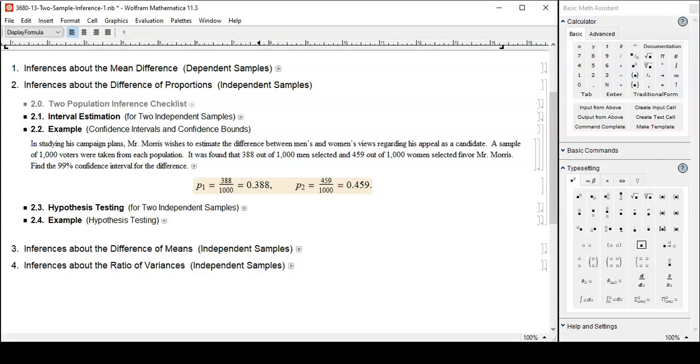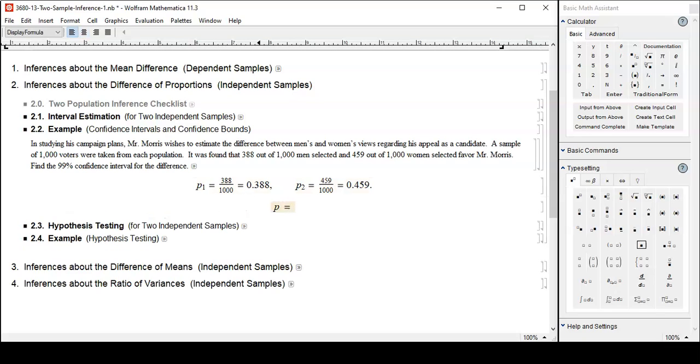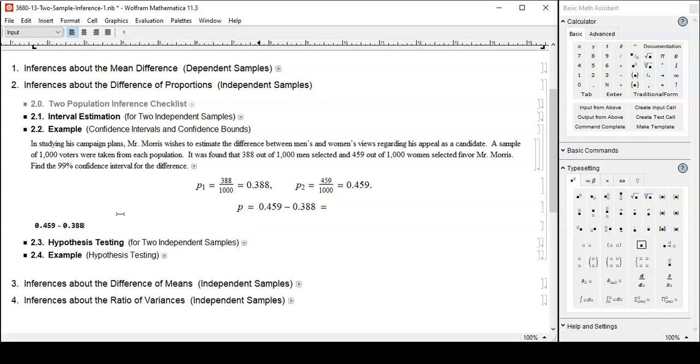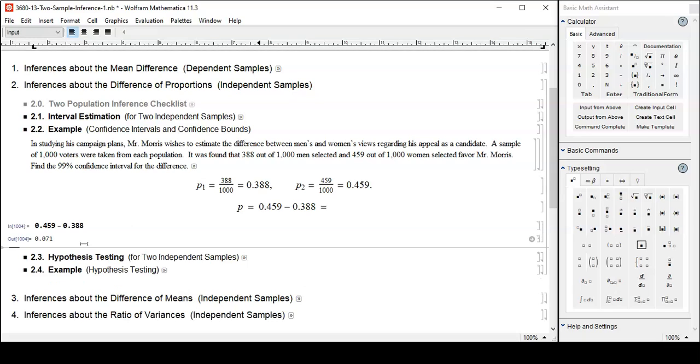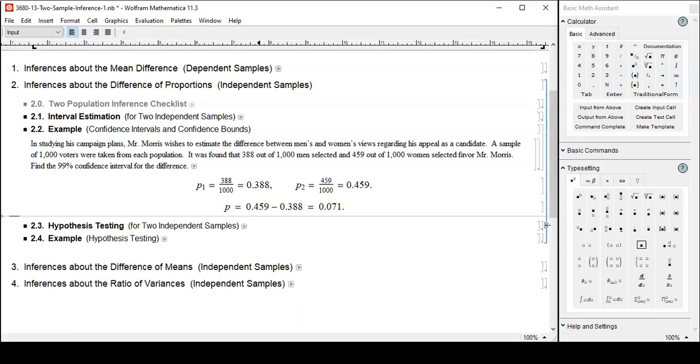Okay, and we want to find the confidence interval for the difference. What is the best point estimate? Let me cheat, I cannot do this with mental math while talking and writing at the same time. So here we go. That is the observed difference.